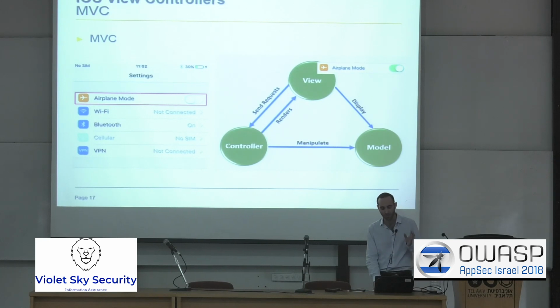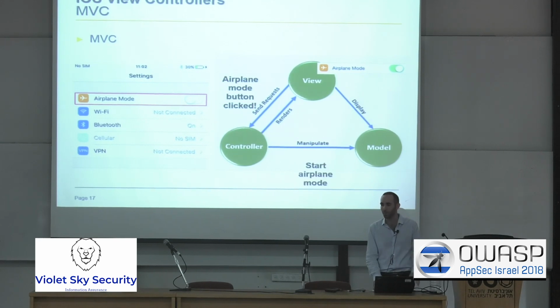So what happens after the switch is being clicked? A request is being sent to the controller, an update that the airplane mode button was clicked. The controller is in charge of manipulating the model to actually start airplane mode. That's really briefly and putting it in the simple way, but that's enough for this talk.